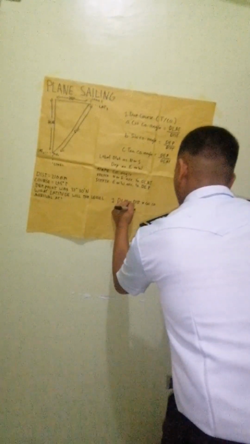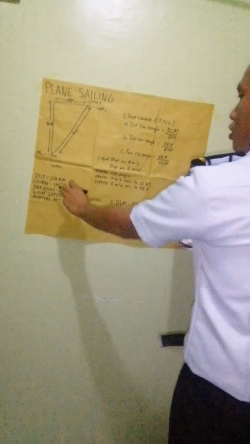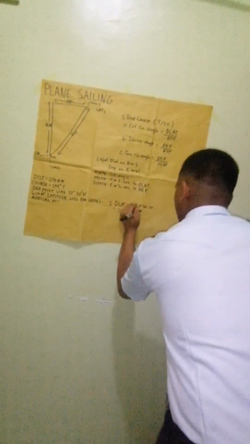210 times cosine course. What is the course? 295 degrees.